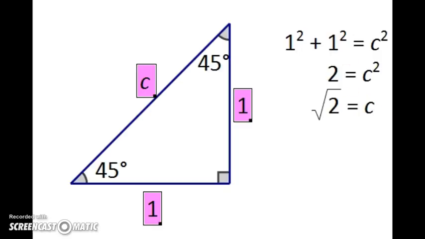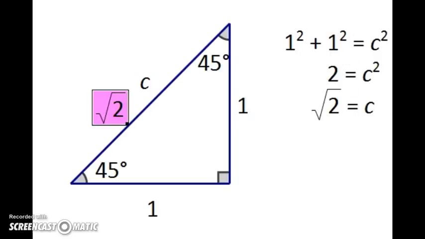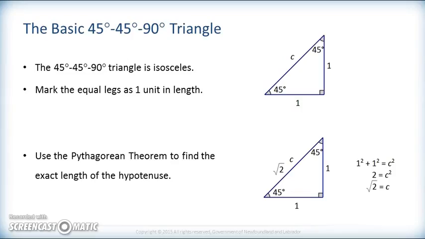And we can label that now on our triangle, like so. Once again, make sure you memorize the side lengths of this basic 45, 45, 90 triangle. And the steps in that demonstration are recorded here for you, so I won't repeat those again.